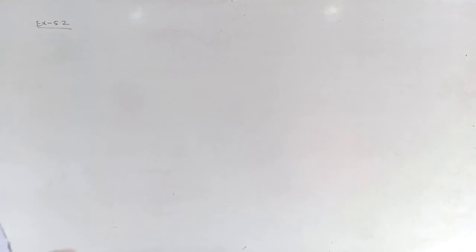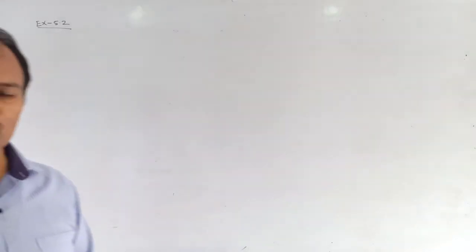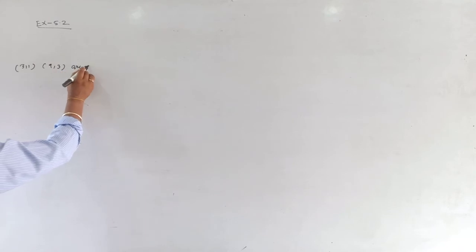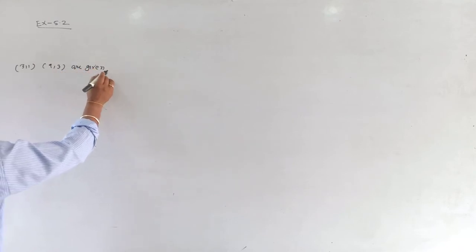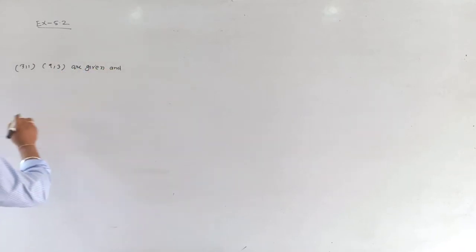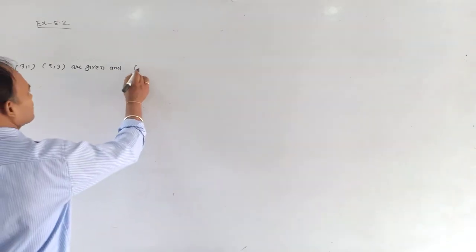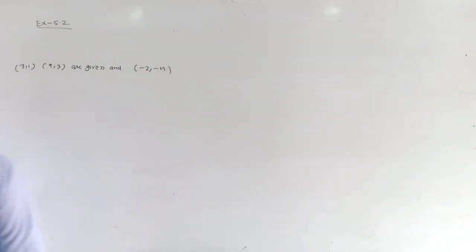Okay, so a part of this question is also whether the given points are collinear or not. So students, the given points are 3, 1 from the previous video, and 9 comma 3, and the third point is also given, that is minus 2 comma minus 4.